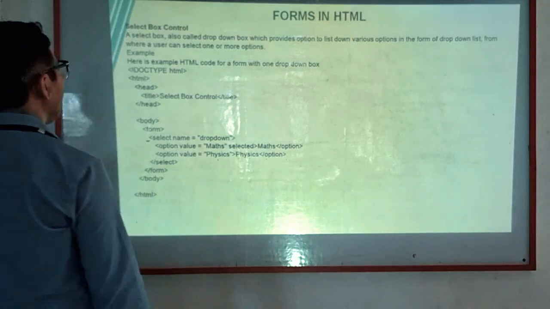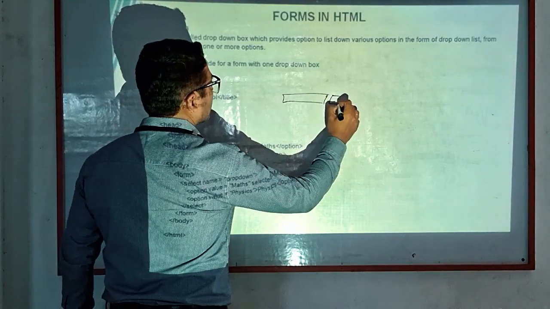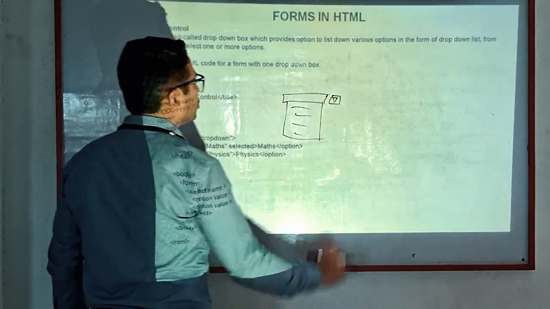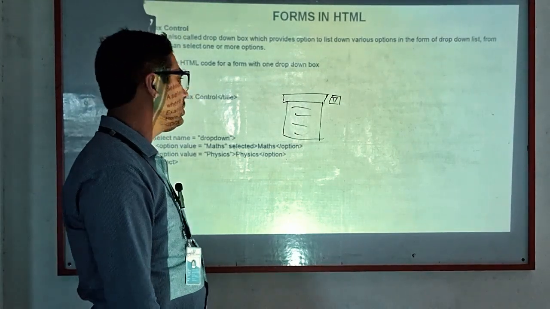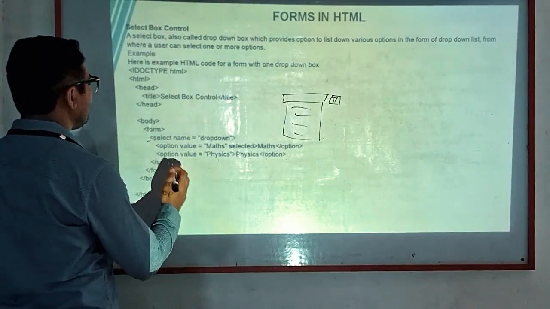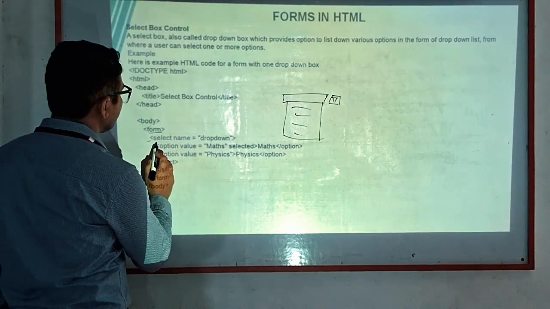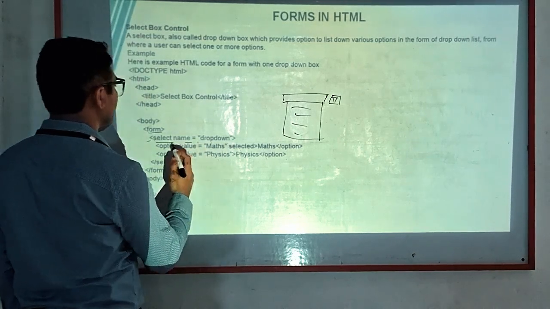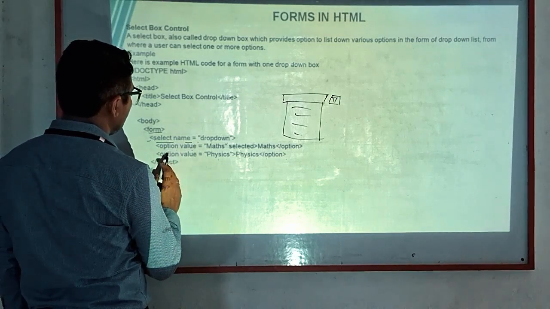Then there is a select box. I have already explained how the select box works. There will be a drop down menu and there will be multiple options to select from. Only one option can be chosen from within this box. So inside the form there is a tag called select, name is equal to drop down. The option values will be the attribute used.